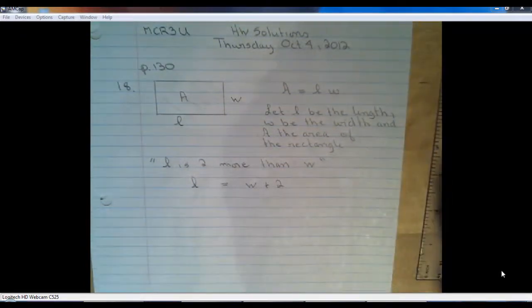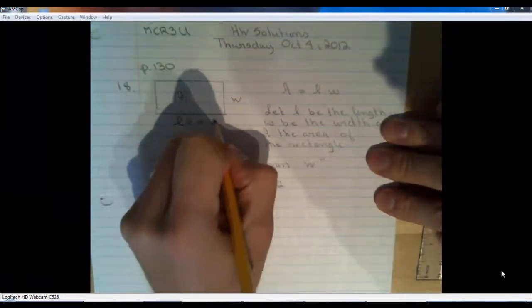So really you can say that the length is equal to W plus 2. And now for your length here, you could add it to your diagram. This is actually W plus 2.